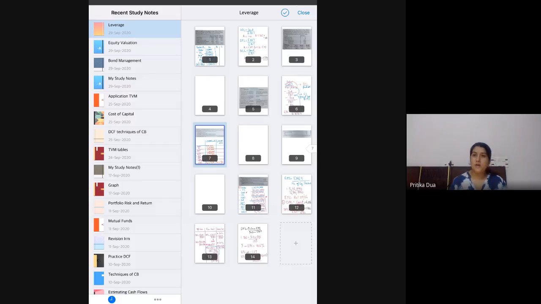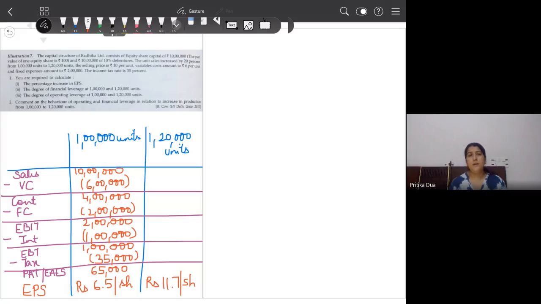Okay. Income tax will be included where, Garima? You will be deducting tax in both the cases.